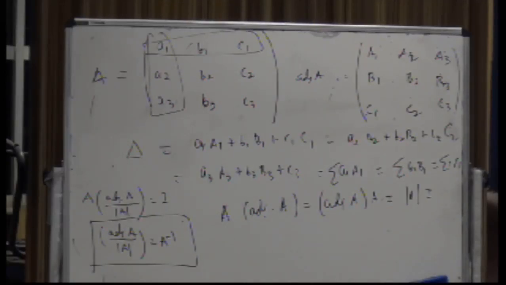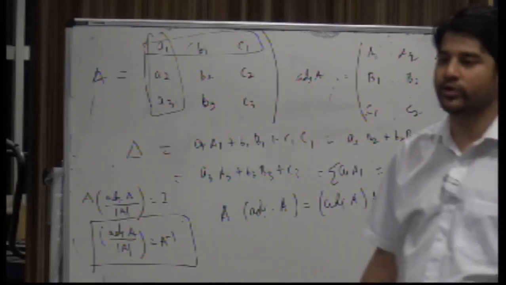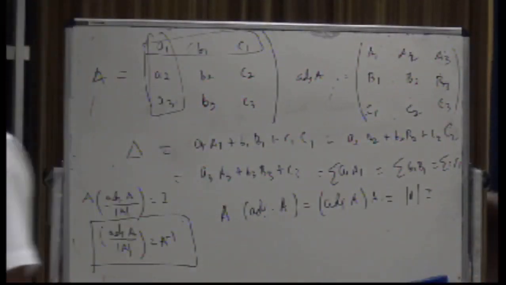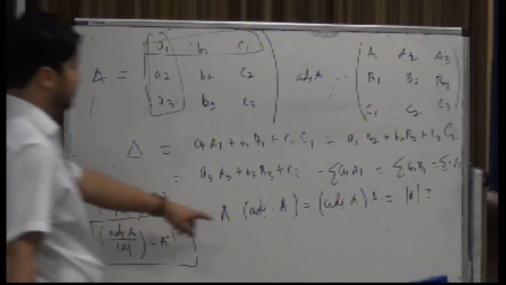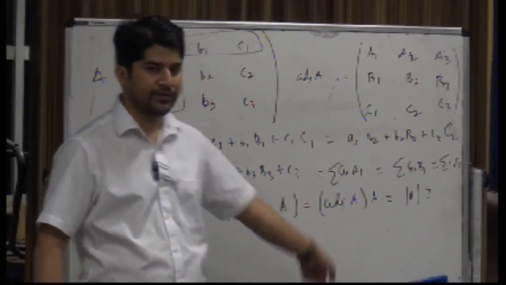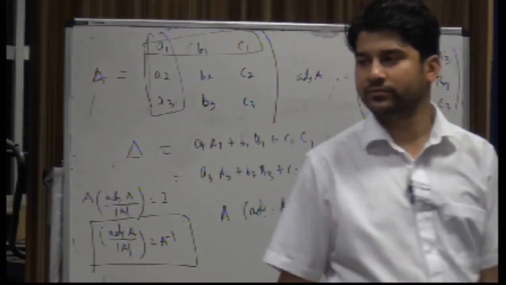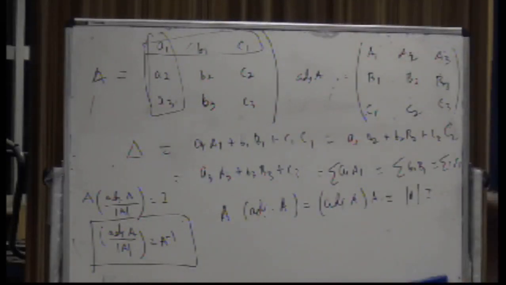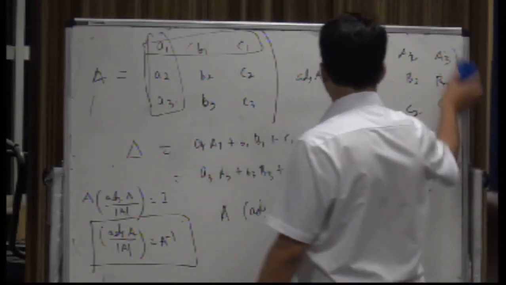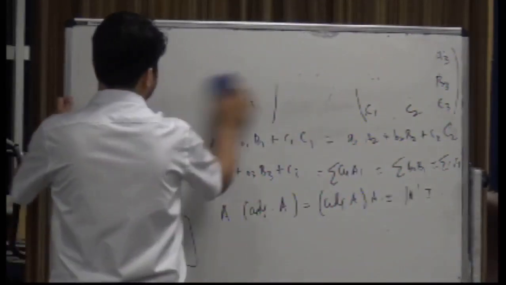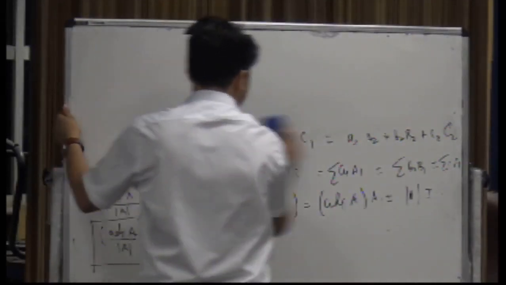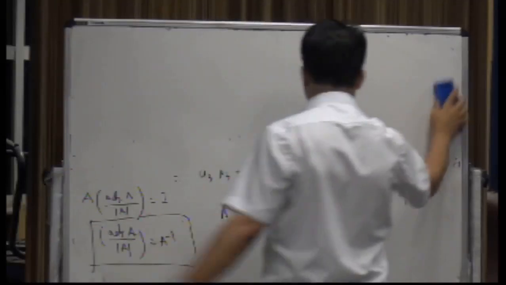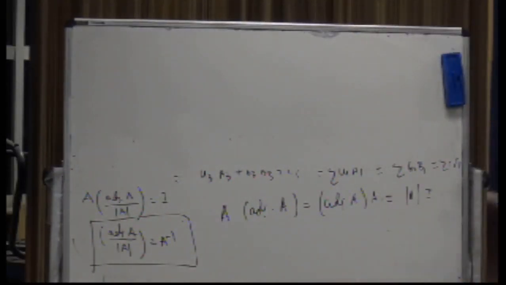Now my question is, can you find me the det of adjoint of A? Det of adjoint of A. Tell me what should be the det of adjoint of A. This equation is a powerful equation. It will help me find my, this is a very useful equation.